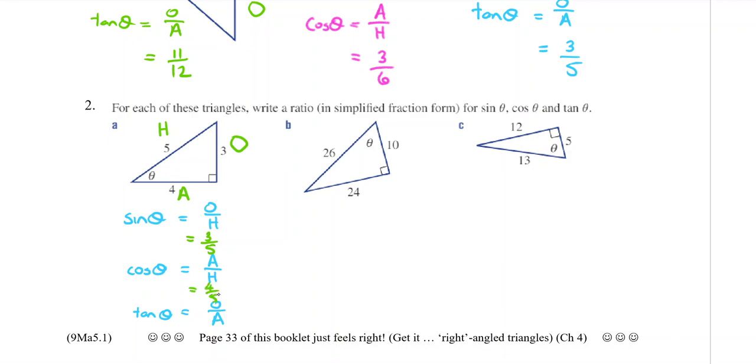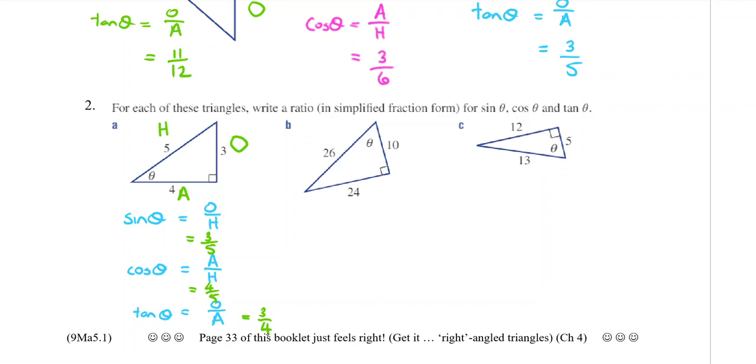And then for tan, I'm doing opposite over adjacent. So 3 over 4. So all of the sides get a turn. Only the you need to try that for these two.